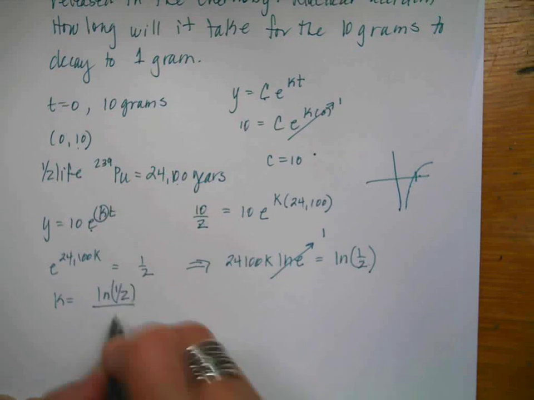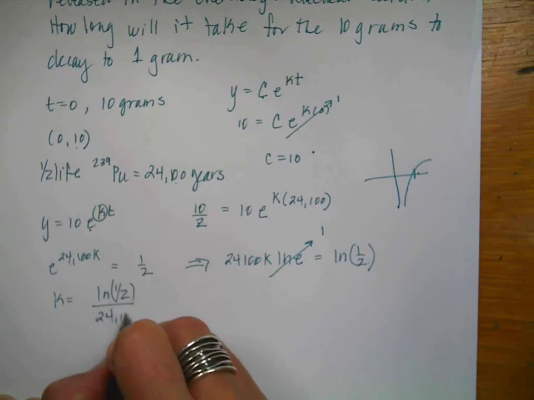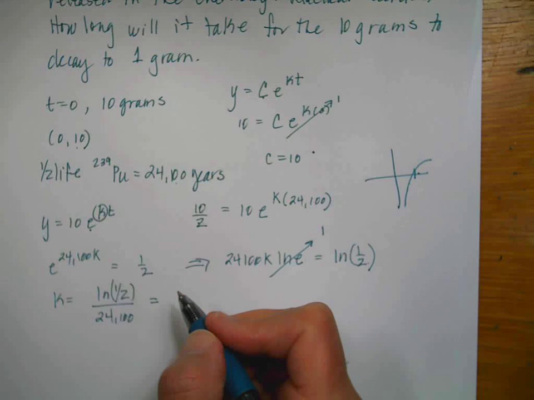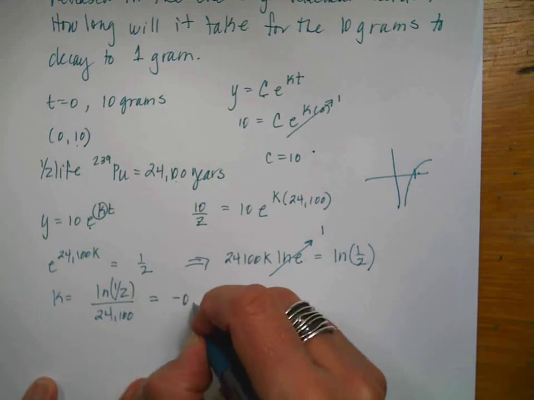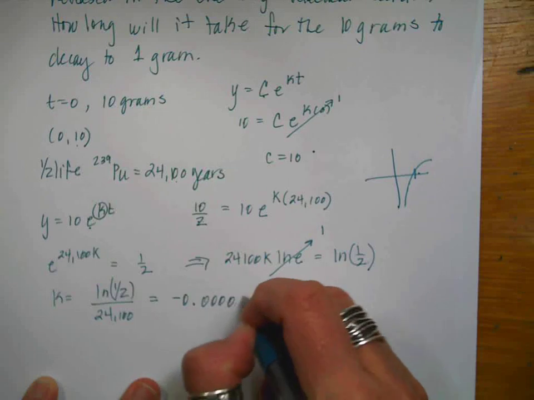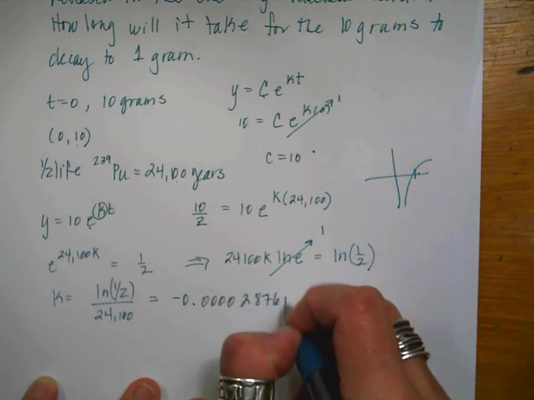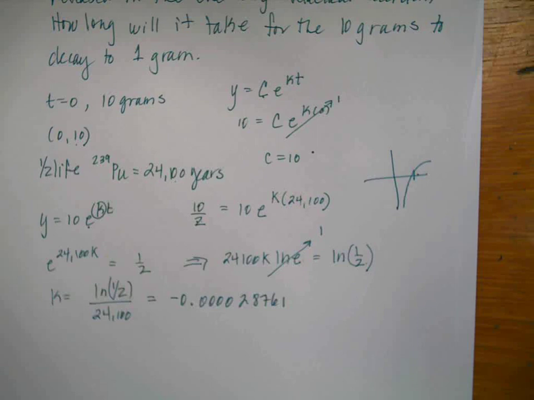This is 1, so k is going to equal the natural log of a half divided by the 24,100. And that's going to be approximately, it's a big number, negative 0.123428761.